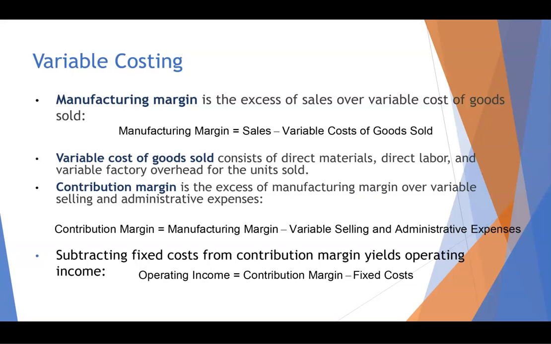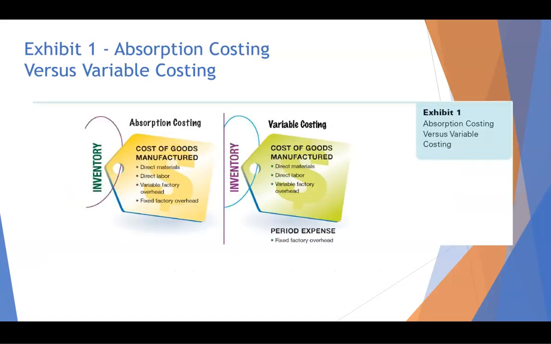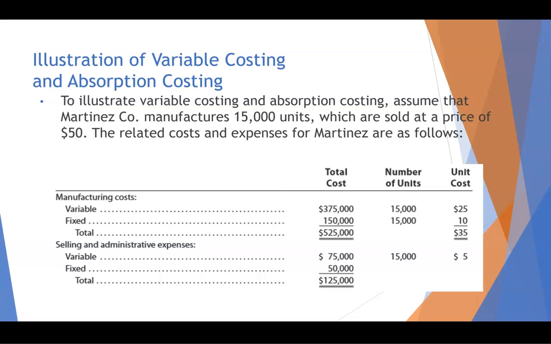Then subtracting those fixed costs from our contribution margin will equal our operating income. Here you see the difference between absorption costing and variable costing. You see in variable costing, the fixed factory overhead will be a period expense.